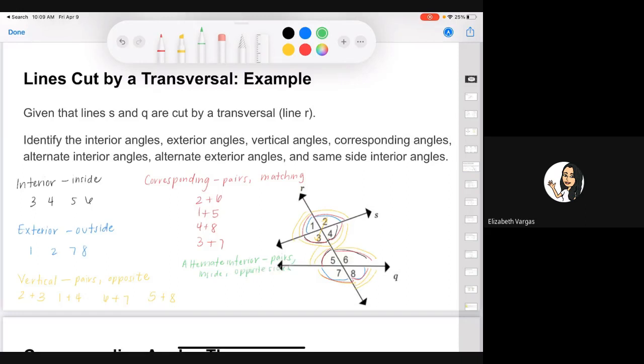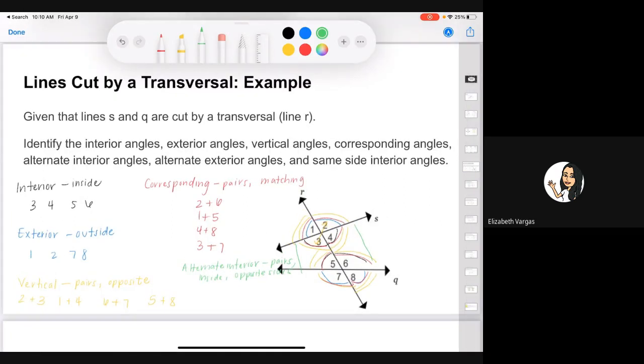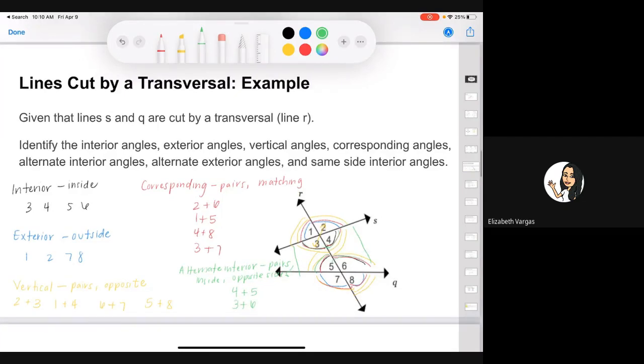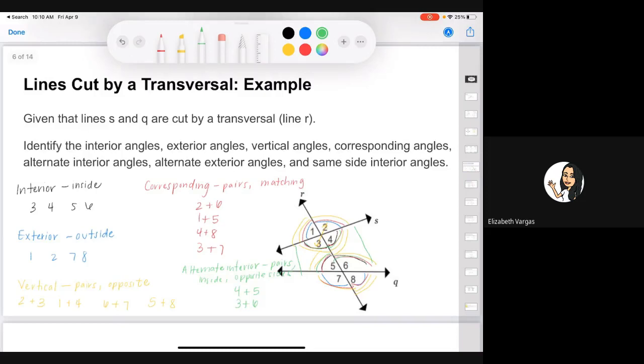So I'm looking for those on the inside. That leaves me with only 3, 4, 5, and 6. Those are on the inside. And now I want those which are on opposite sides. So 4 and 5 are on opposite sides. And 3 and 6 are on opposite sides. And remember, they have to be interior angles. So we are left with 3, 4, 5, and 6. And then we're pairing those.